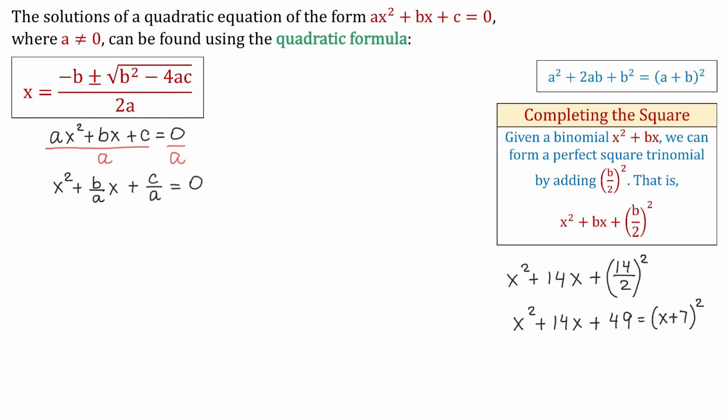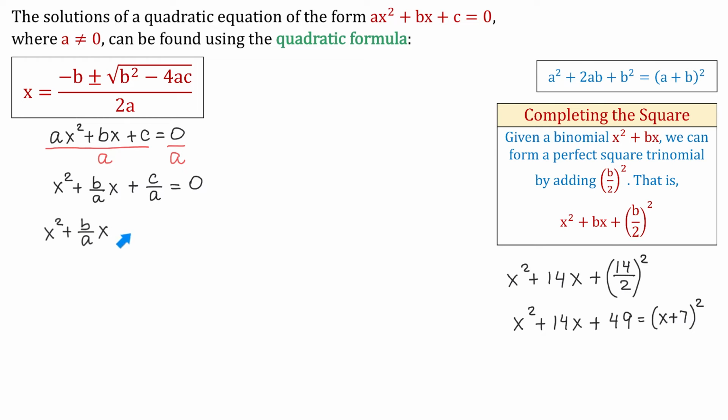Now on the left side we still have a trinomial. However, again this trinomial is not necessarily a perfect square. To solve this equation for x, first we will move c over a to the right side. Then we will have x squared plus b over a x.